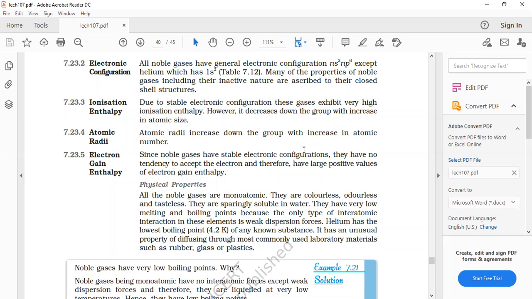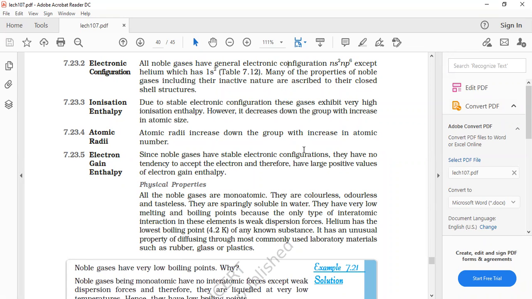However, it decreases down the group because of the increasing size of the element. When we move from top to bottom, the size of the element increases, and therefore the ionization enthalpy of group 18 decreases.